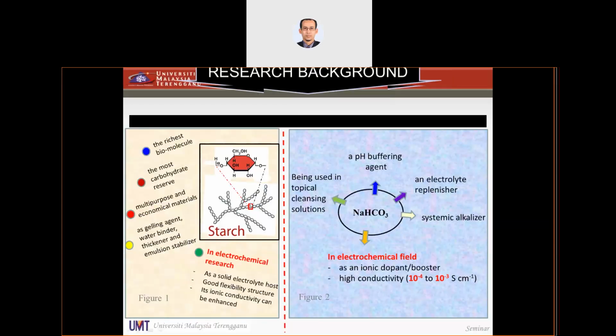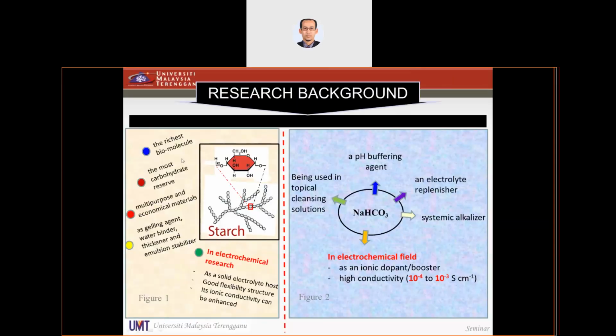Okay, starch is the richest biomolecule and the most abundant carbohydrate reserve in the plant roots. It's a multi-purpose and economical material and has many roles as a gelling agent, water binder, thickener, and emulsion stabilizer.